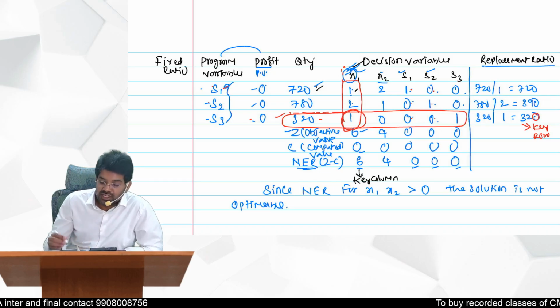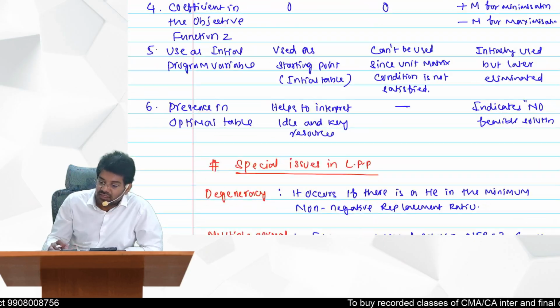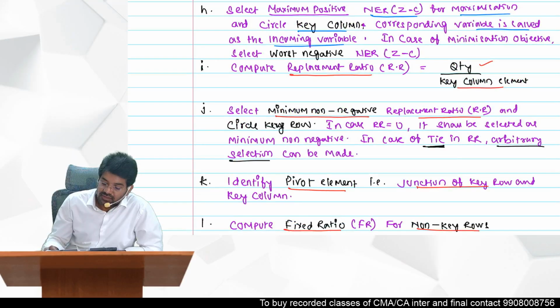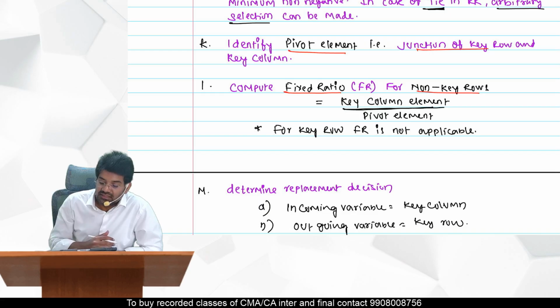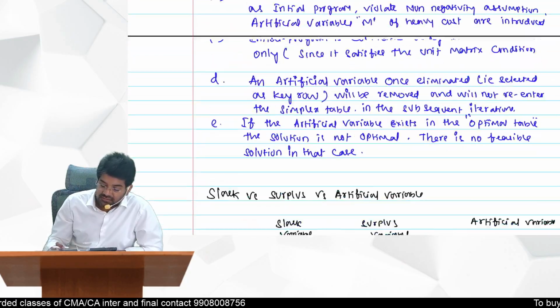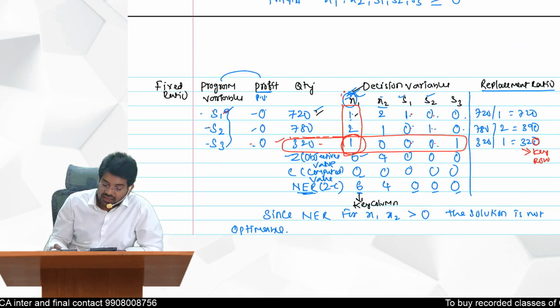How do you get the fixed ratio? The formula is: key column element divided by pivot element. Here, what is the key column element? The key column is this one, x1 only.